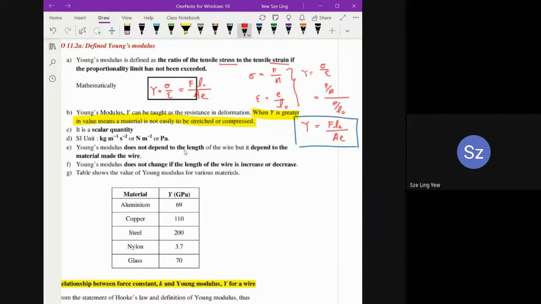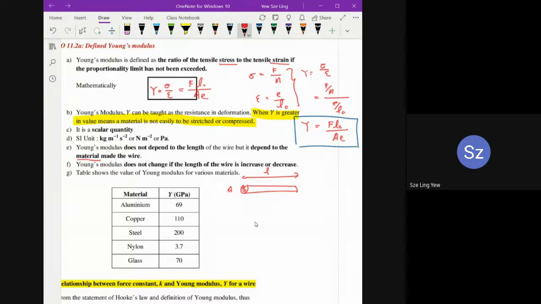So Young modulus does not depend on the length, but rather it depends on the material that makes up the wire. Now you have an object. This object comes with a length, and it comes with an area. This is the area. And then we have the material also.